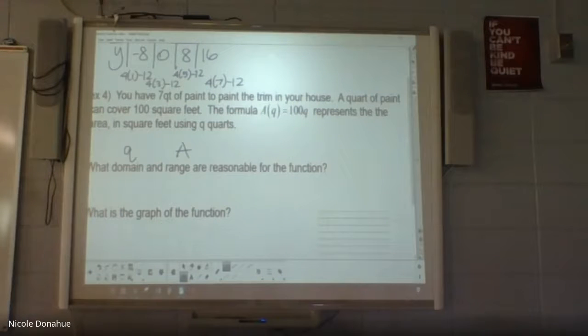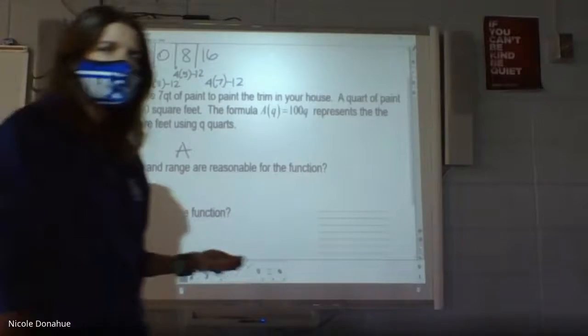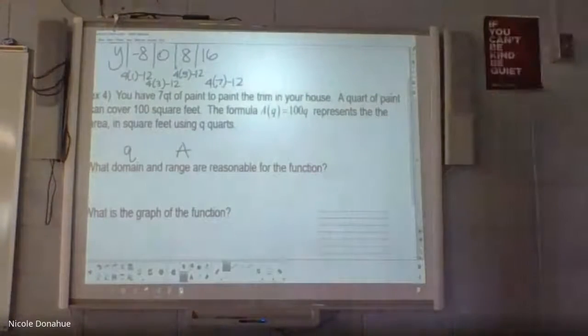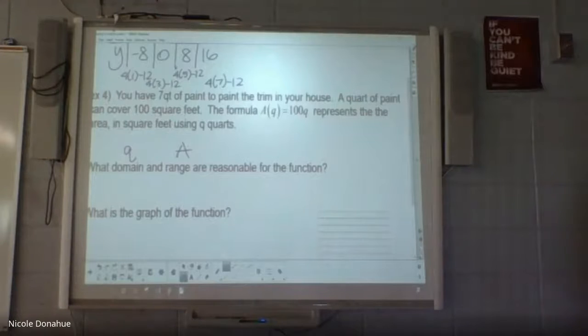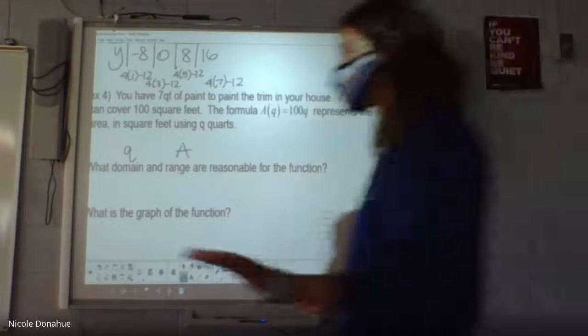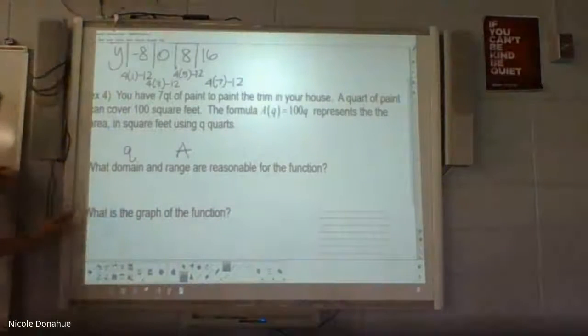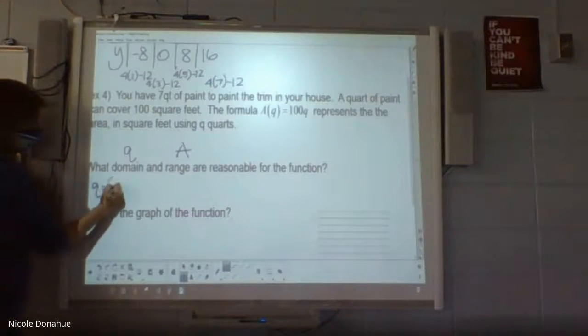What values for Q make sense in this problem? Should I pick negative values? No, why not? You can't buy negative quarts of paint. So Q being negative doesn't make sense. Could Q be 0? Can I decide to buy no paint? Yeah, so Q being 0 is actually not the worst idea. Maybe I just don't do it.